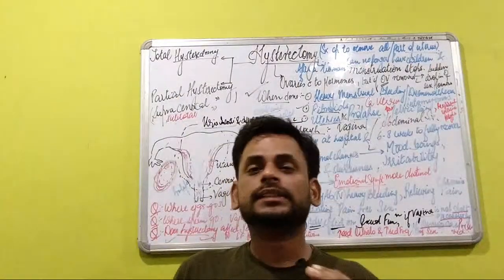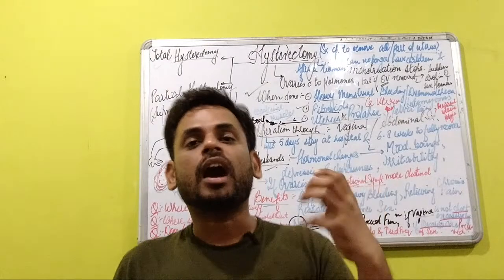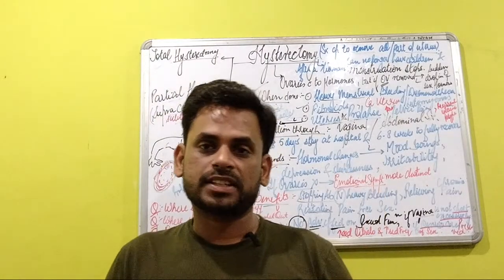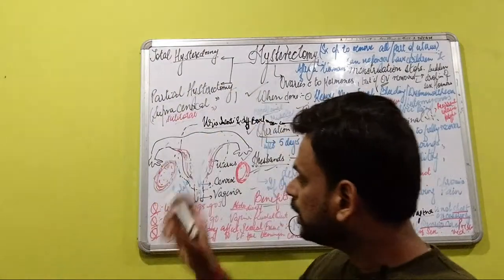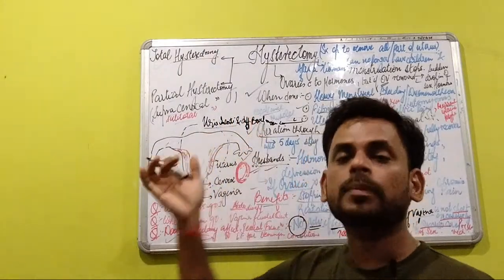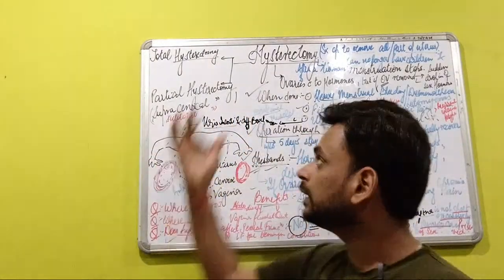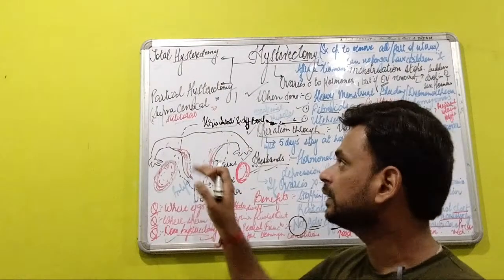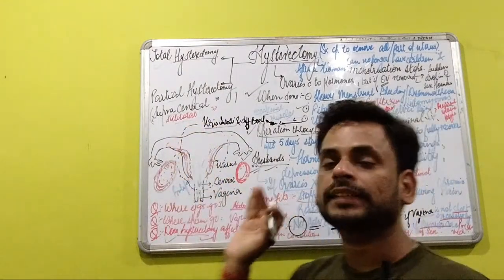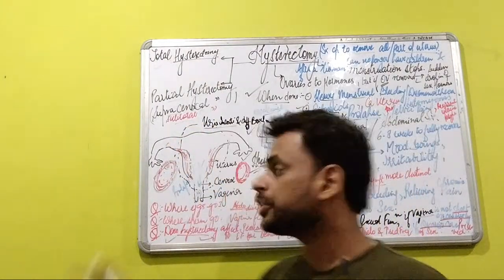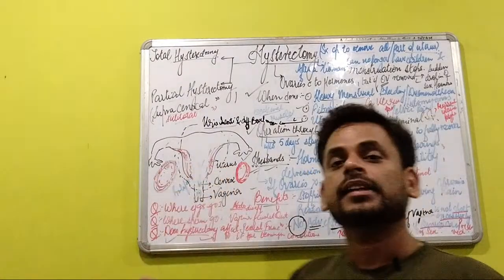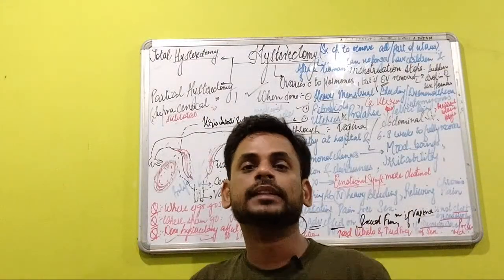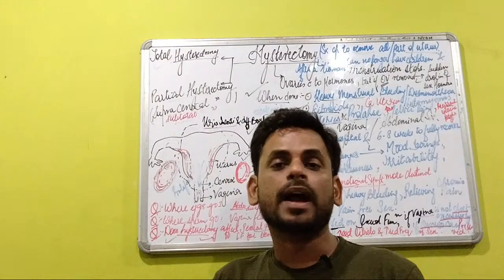Now we need to understand a little bit about the hormones that are getting affected. Basically, in a normal hysterectomy, that is the total hysterectomy procedure, the uterus and the cervix are removed. In such a situation, the ovaries and the rest of the parts are preserved.